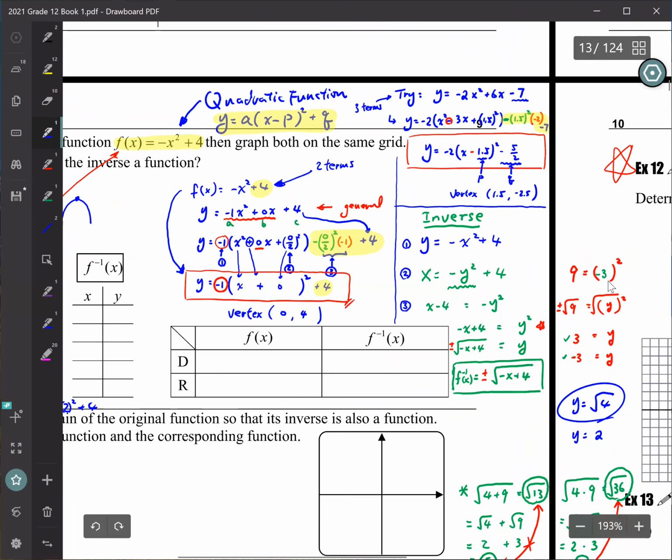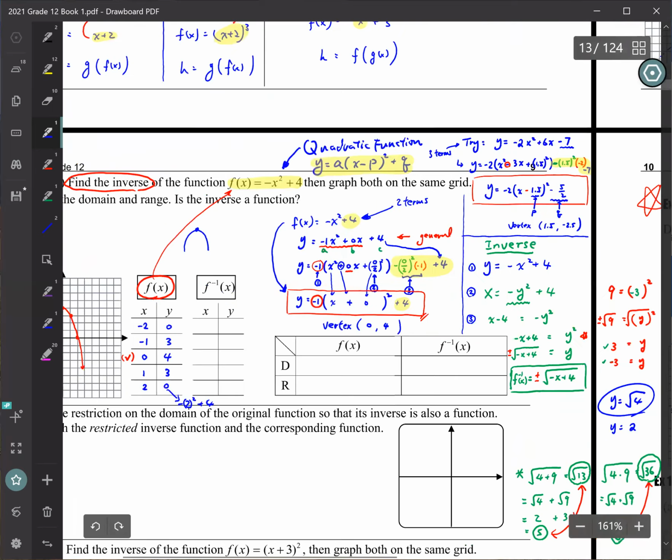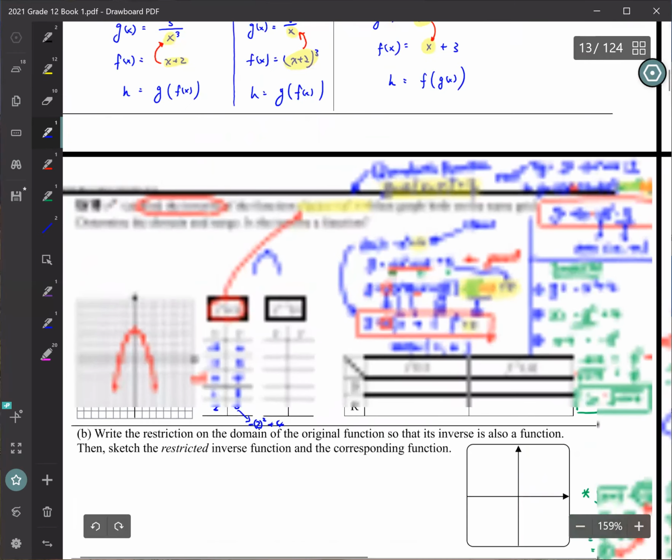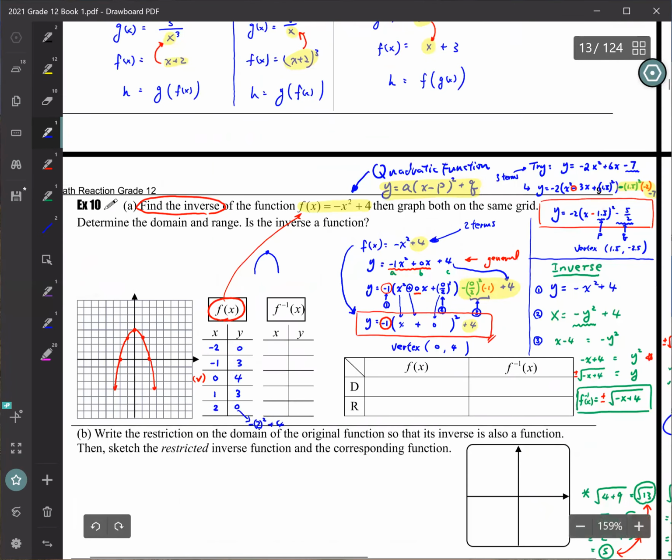Now we need to graph. We'll finish the graph and then we'll have a break. So if I know the original graph, how do we get the inverse graph quickly?